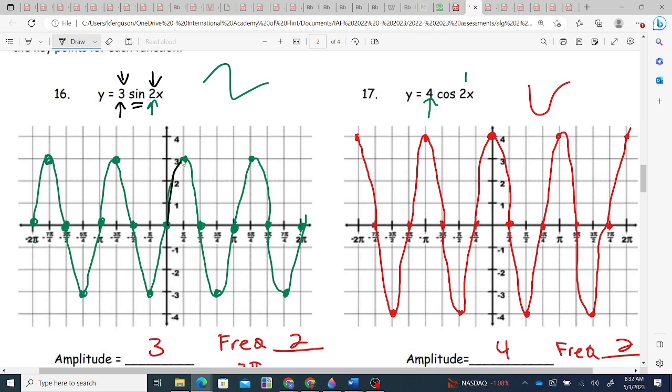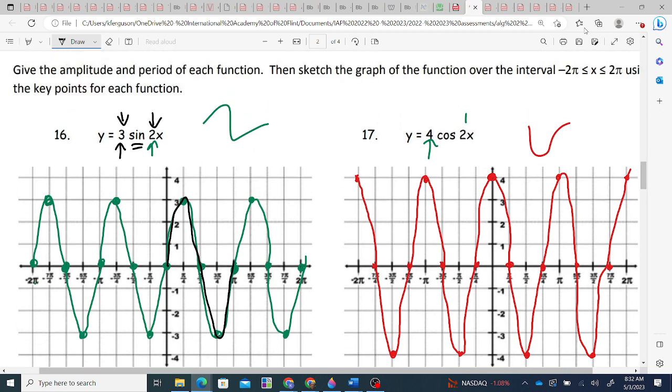And sure enough, here is one cycle, and then there's the second cycle. You need to make sure that you're watching this. These instructions say you need to sketch the graph over the interval -2 pi to +2 pi. That means you got to go all the way back here and make it all the way there. So if you only give me half the graph, you only get half the credit. All right, you need to go all the way back.